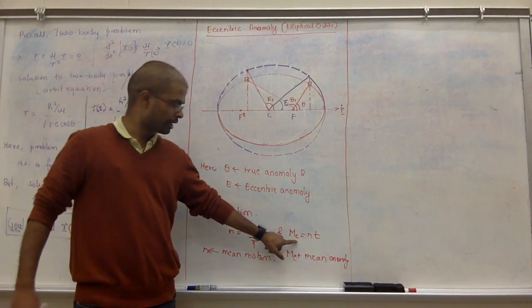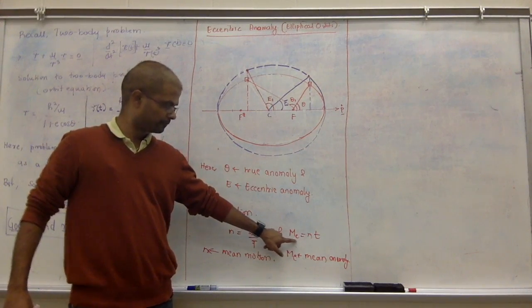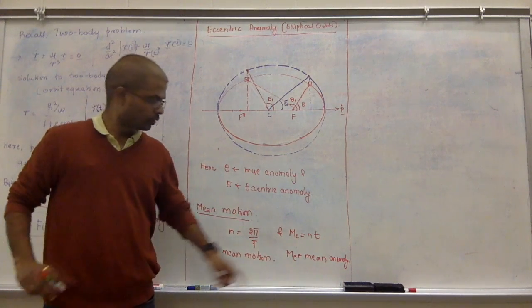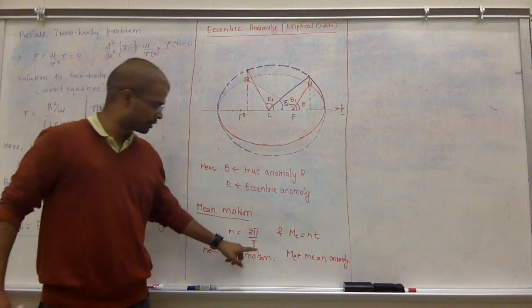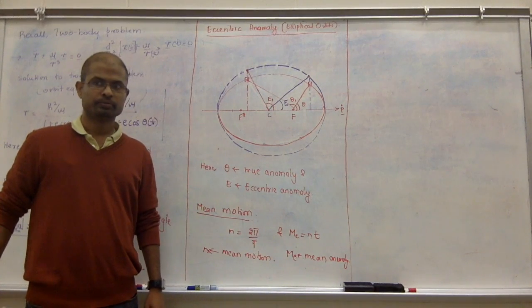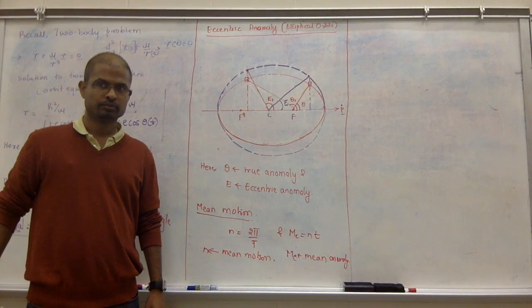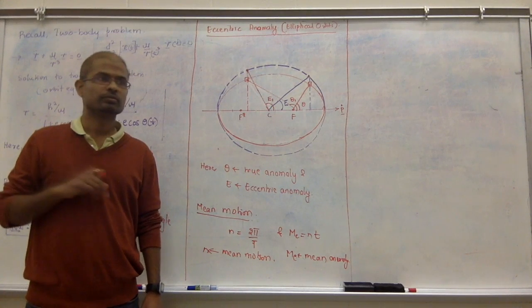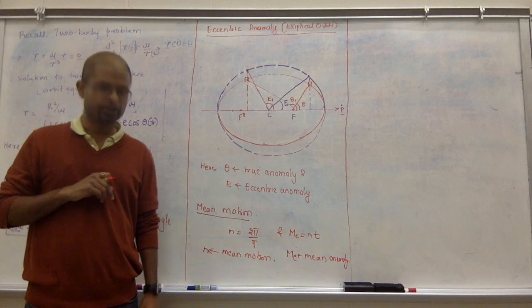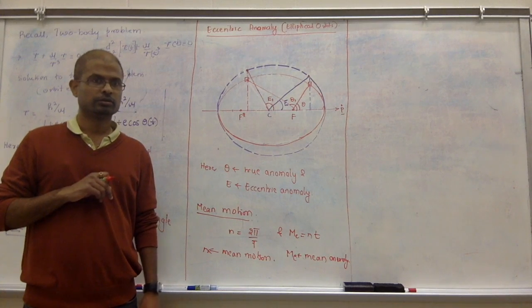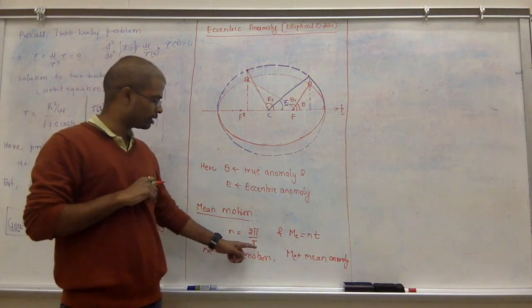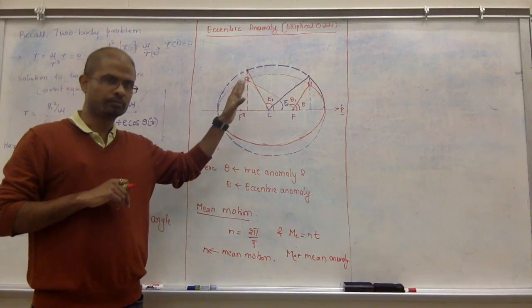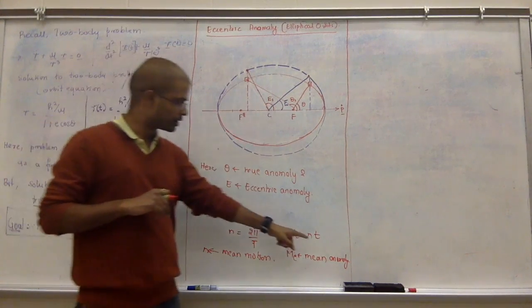Will this give you an angle? Yes, radians per second times time. What is the difference between this time and this time? Capital T is the period, whereas small t is a section of time. So capital T for this orbit would always be the same.